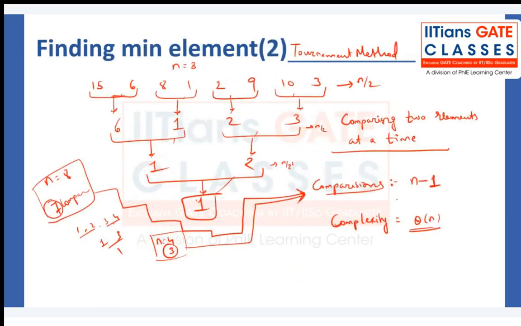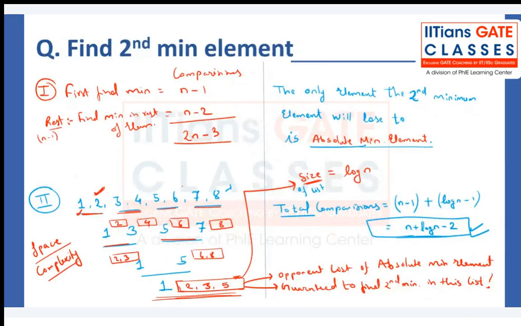The tournament method takes n minus 1 comparisons because we compare two elements at a time. We took an example: if there were four elements, the total number of comparisons is three. For eight, we took seven. So we get to conclude the entire tournament, right? Similarly, we just do that in the first step here.